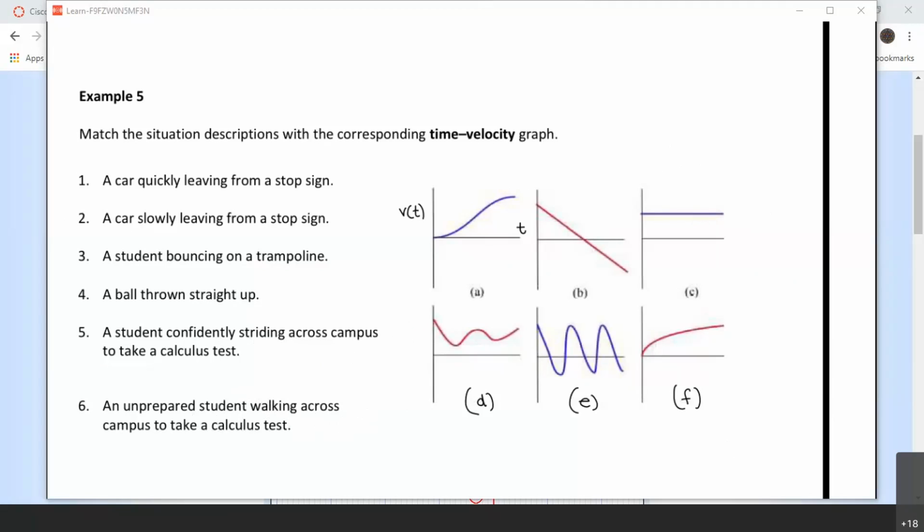See if you can match any. We'll take a few minutes for you to do this. If I were you, I'd start with the straight lines. See if you can figure out which stories match those.